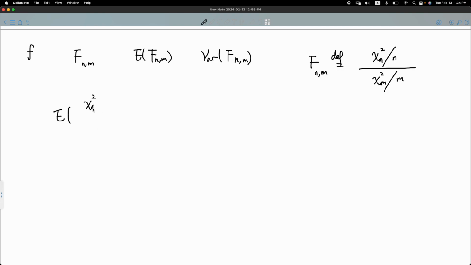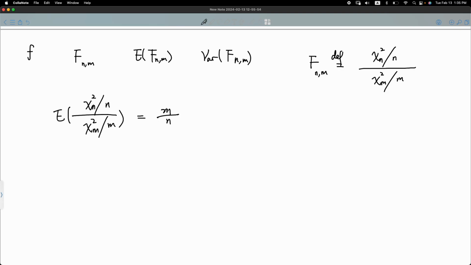Okay, so maybe I should not skip any steps. Chi-square m over m. Let's move the constant outside first.